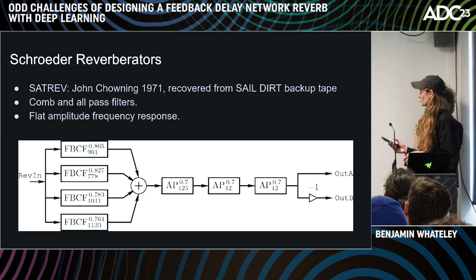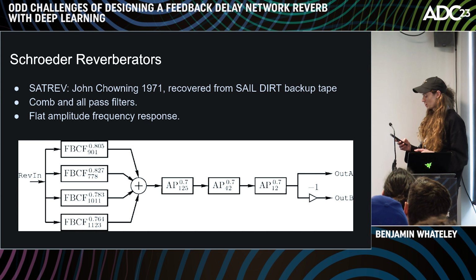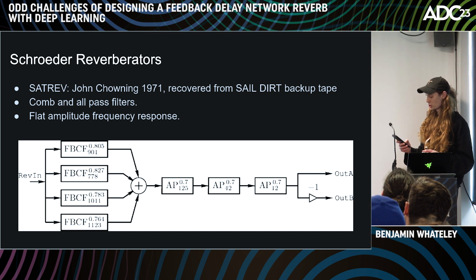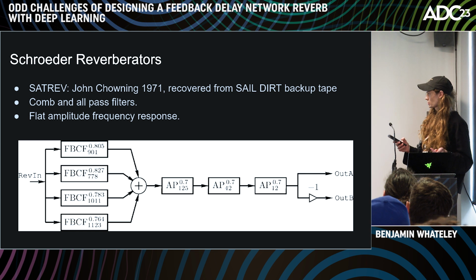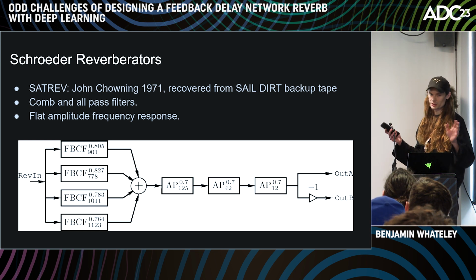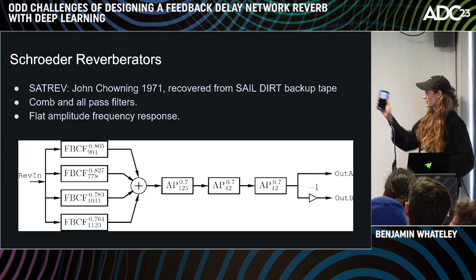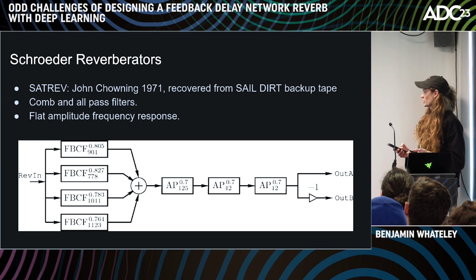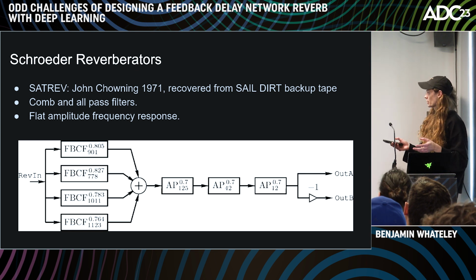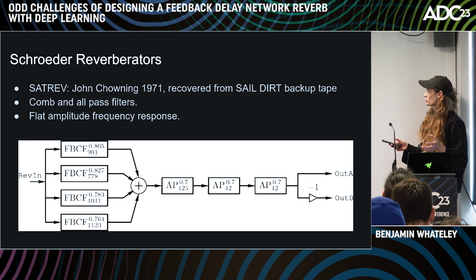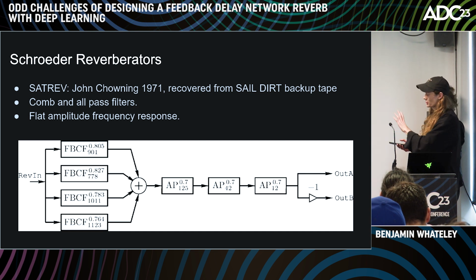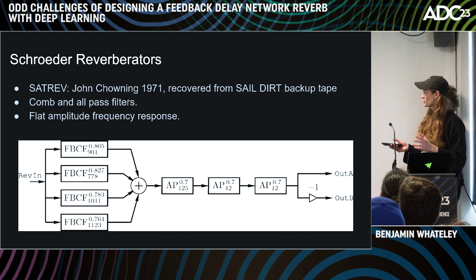And this is indicative of the common approach. But I'd just like to point out that Geraint Luff and Sean Costello of Valhalla, not both of Valhalla, Geraint is Signalsmith, point out that there are other topologies that Schroeder outlines in his paper, and although this one's used a lot because it's featured on the CCRMA website, it's not the only one.